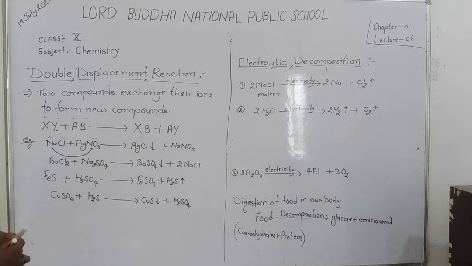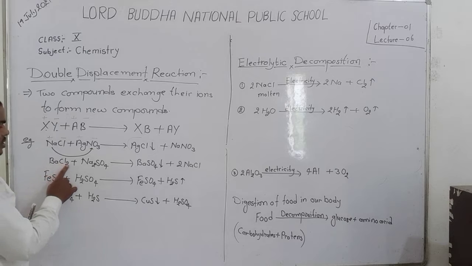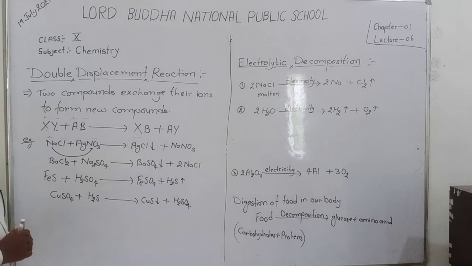Okay. Dear student, now let us discuss another example. Here BaCl2, barium chloride, and Na2SO4, sodium sulfate. Barium has a positive charge, chlorine has a negative charge, sodium has a positive charge, and SO4 has a double negative charge.